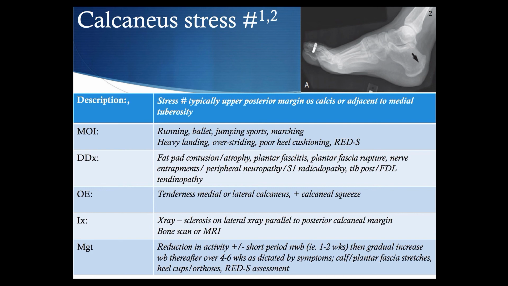An X-ray may demonstrate the injury, though a bone scan or MRI would be more definitive, and varying degrees of relative non-weight bearing or reduction in weight bearing activity over a number of weeks are likely all that is needed in this case. Sometimes a short period of immobilization if required, and certainly a REDS assessment is needed in these individuals potentially.